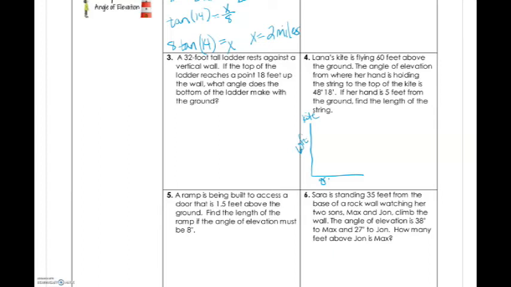But then we are told that the hand is 5 feet from the ground. So her hand is actually here. This 5 feet is not included in the angle, okay? So when we get her actual triangle, if I were to include the whole height, that would extend the length of the line because the hypotenuse is going to be longer because the height is higher.